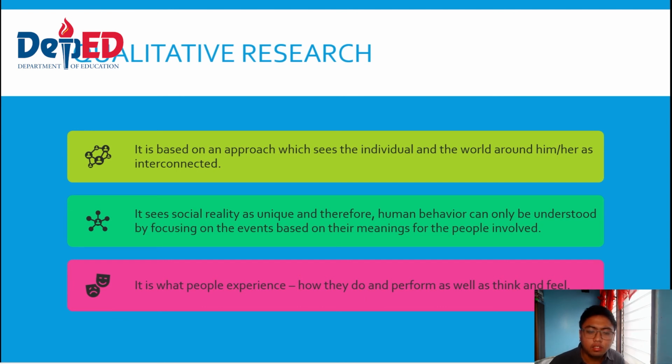It sees social reality as unique, and therefore human behavior can only be understood by focusing on the events based on their meanings for the people involved. Let's say you want to understand stress in school.